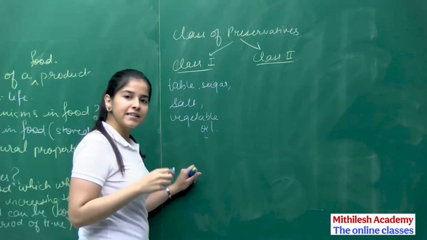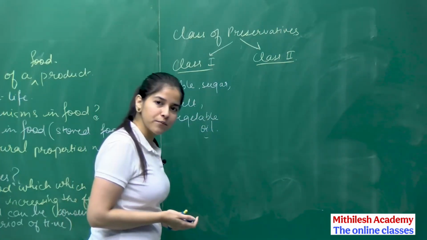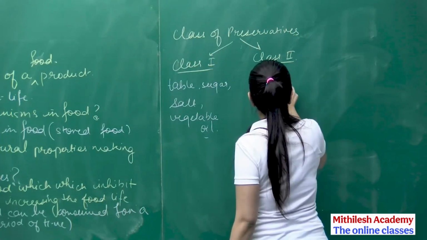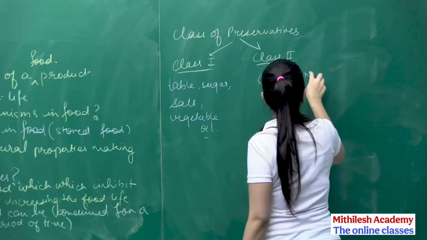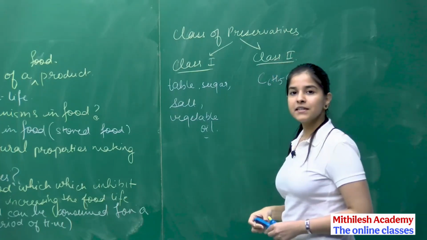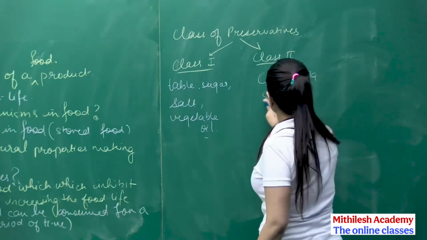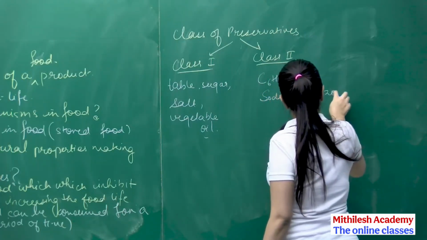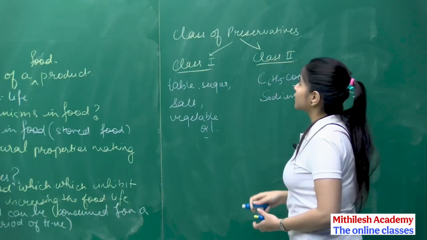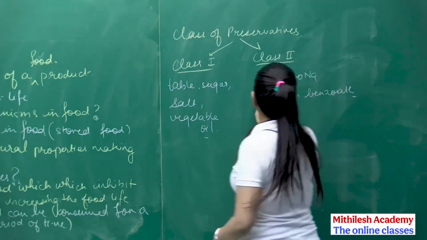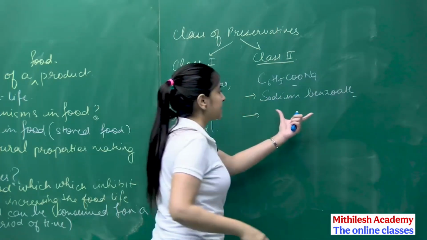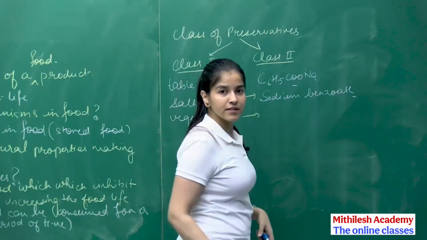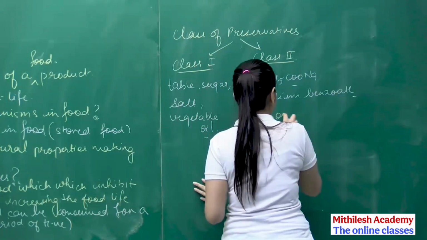Under the category of class 2, what chemicals do we have? This is sodium benzoate. That is another class of preservatives, class number 2. This is easily metabolized within our body. And what else?